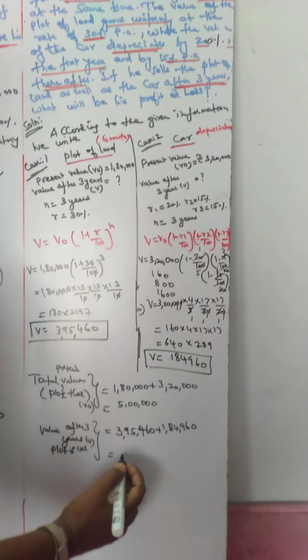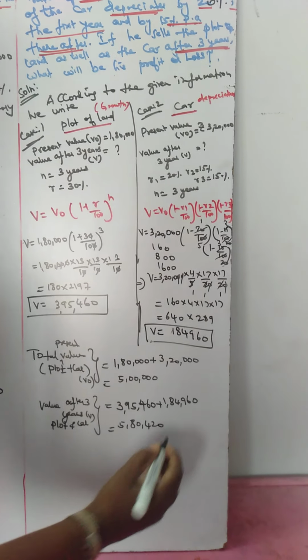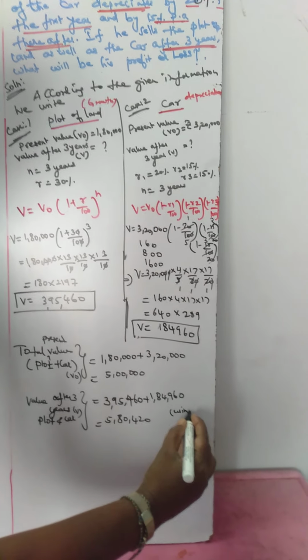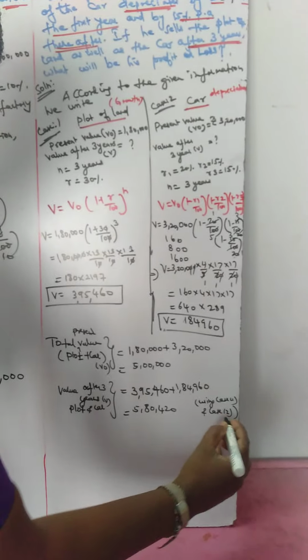The total here is 5,80,420, using case 1 and case 2.